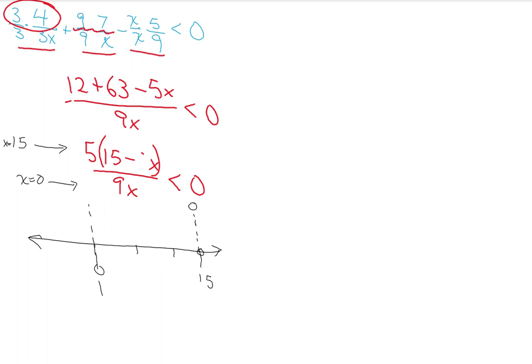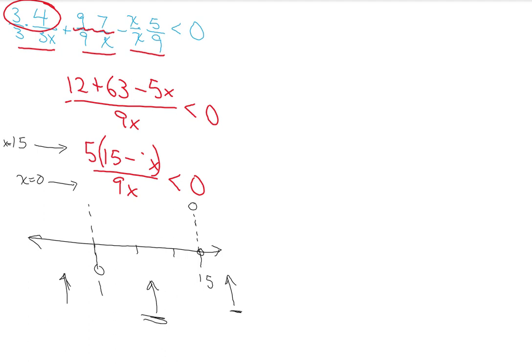It could be different in each one of these sections. There are times when it doesn't change from one section to the other. The sections are less than 0, between 0 and 15, and greater than 15.